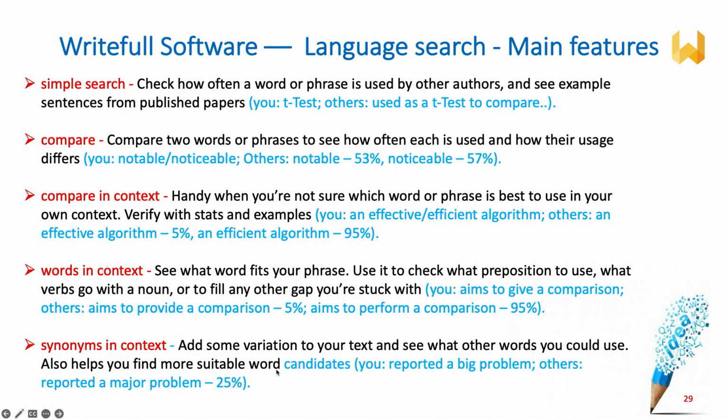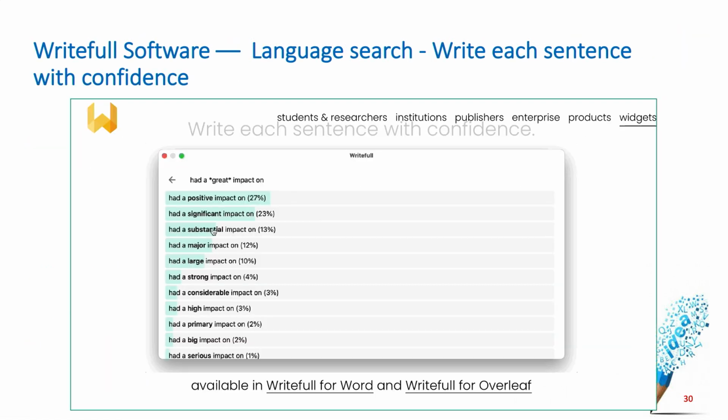And then synonyms, you say reported a big problem. Now I said that big you usually never use, right? Reported a big problem when you do an experiment. Others say reported a major problem, right? Likewise, there is certain wording that you can very easily pick up using these widgets of the Writefull software.